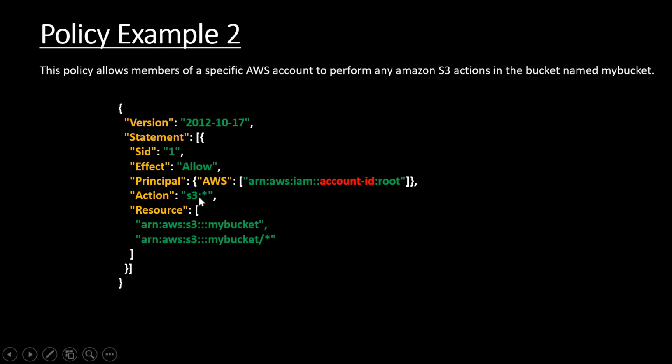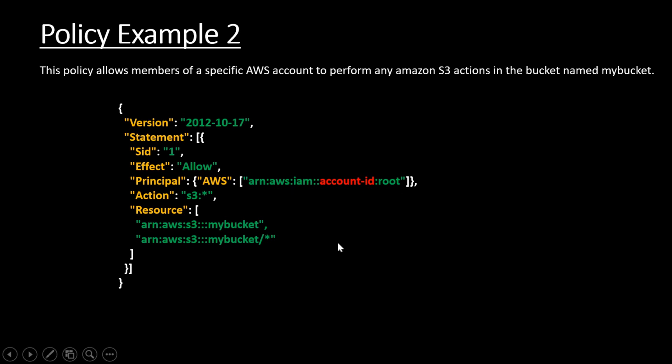Asterisk means all the actions are allowed in S3 for these two resources, my bucket and the objects inside my bucket. So we are allowing all S3 operations on this bucket and the bucket objects to this account.